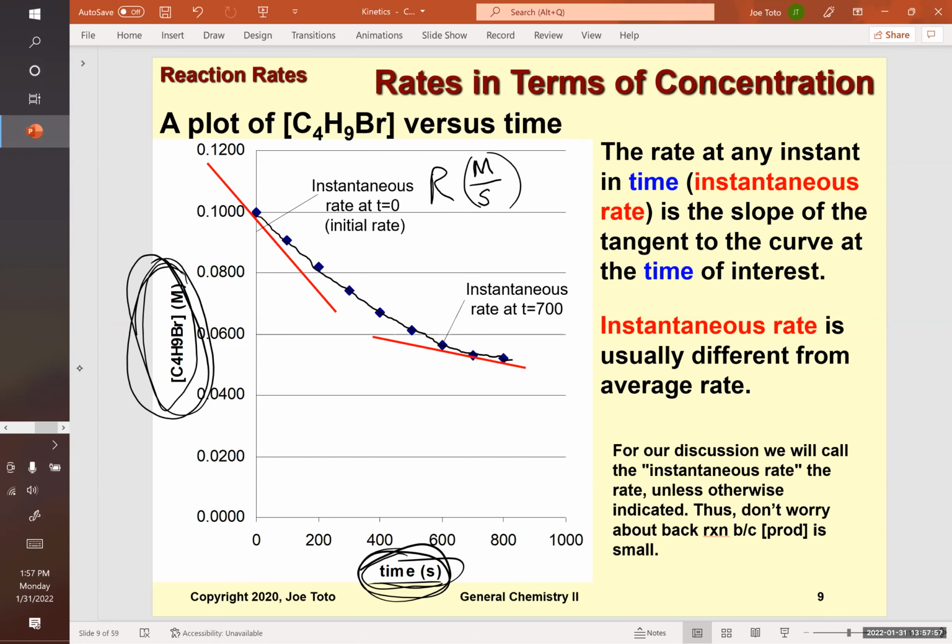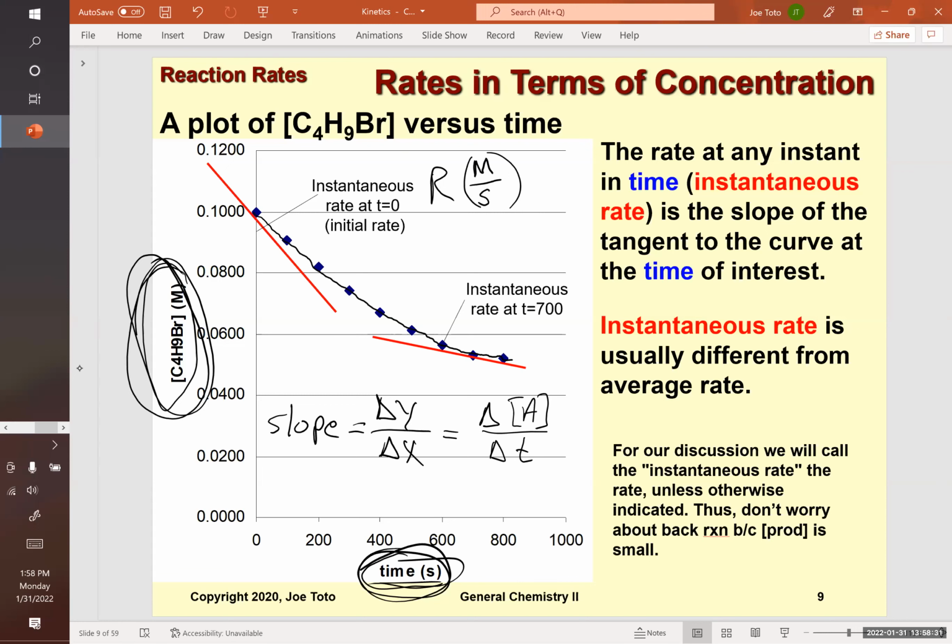Molarity per second. Slope. Yes, y over x, right? The slope. Remember, that equals change in y over the change in x, which in this picture is the change in the concentration of reactant A, the C4H9Br, over the change in time.